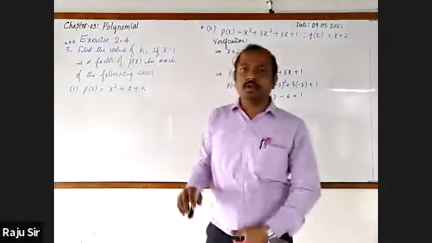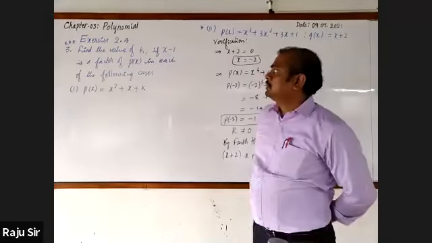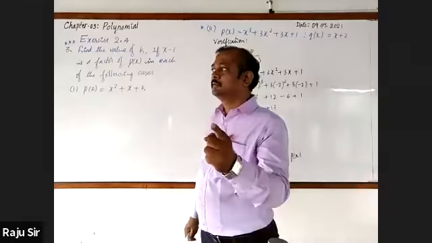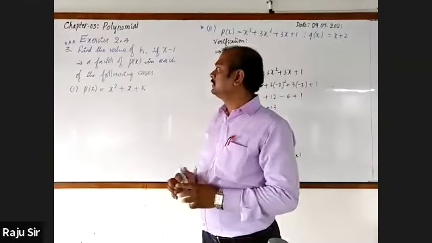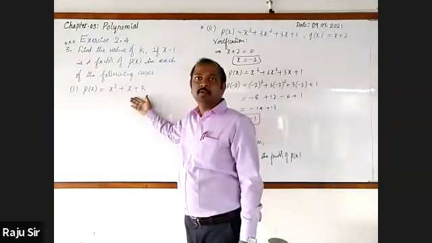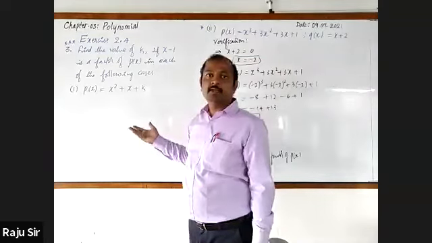Already we have solved this type of problem, so now we are moving to solve the problems given in this exercise. They are given x minus 1 is a factor of this. As it is a factor, therefore the remainder will be 0.